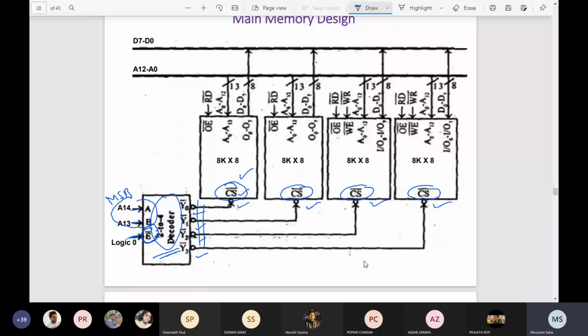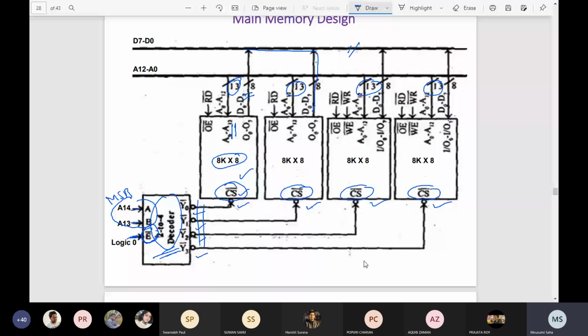Now see that for 8K by 8, the 8K means 2 to the power 3 times 2 to the power 10, so that means 2 to the power 13. That means A0 to A12, so we have 13 bits. And we have 8 bits for the data bus. Directly you can connect, because you have the 8-bit data bus. So directly you can connect the data bus to the memory.